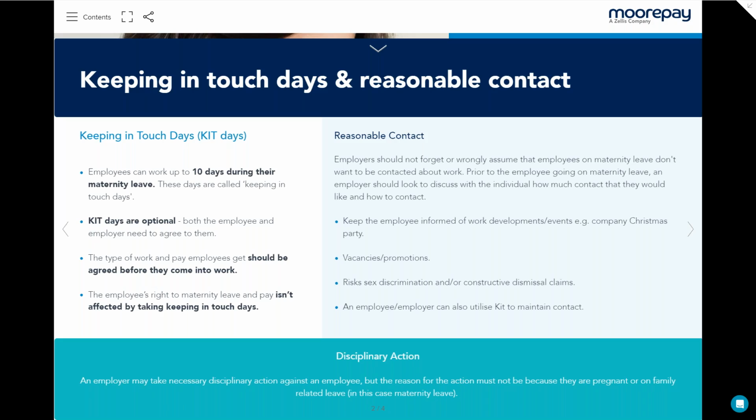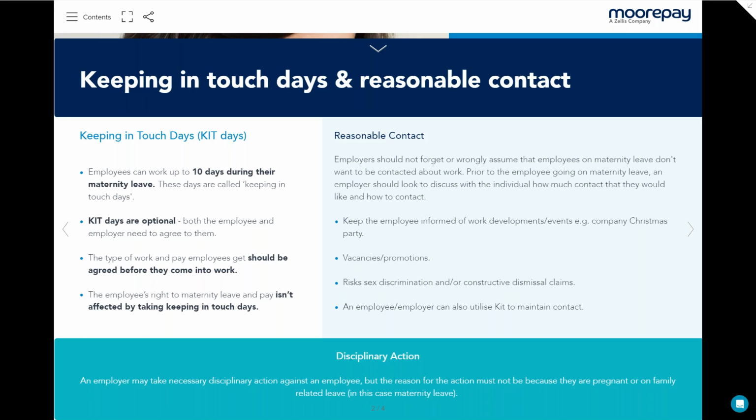Now, reasonable contact. So what does that look like? We shouldn't forget people that are on maternity leave, and we wouldn't consider they don't want to be bothered with work. They're off, with this beautiful little bundle that they've just had, and they're not going to want to be bothered with work. That's really, really wrong to assume.